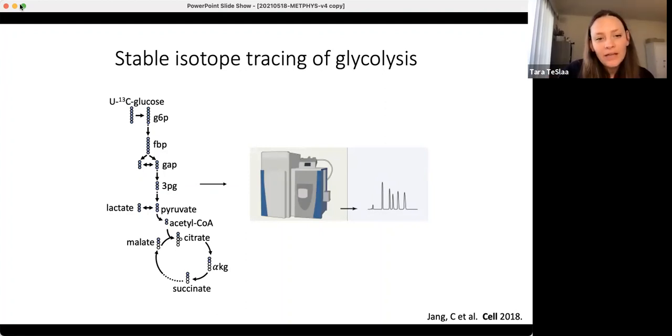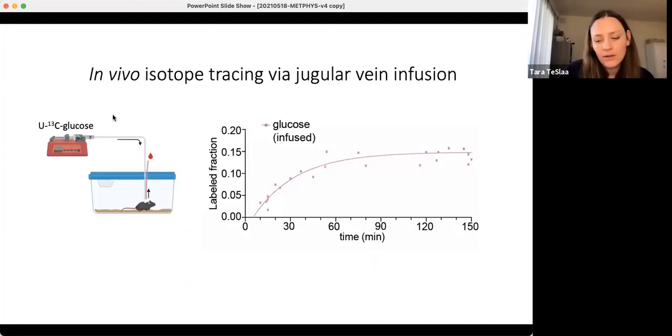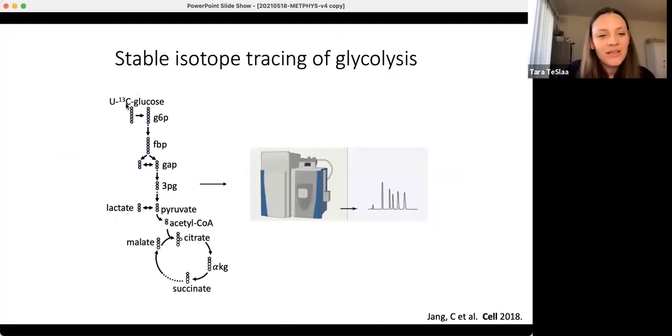So you can buy labeled glucose that can be used by cells and tissues just as 12C glucose, and will be catabolized and used in enzymes in downstream metabolic pathways, just like regular glucose, and therefore we can measure the incorporation of these carbon-13 molecules from glucose into other metabolites.